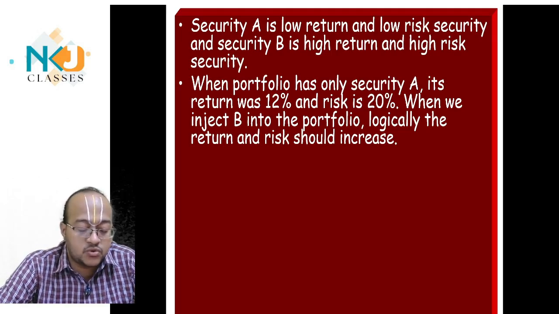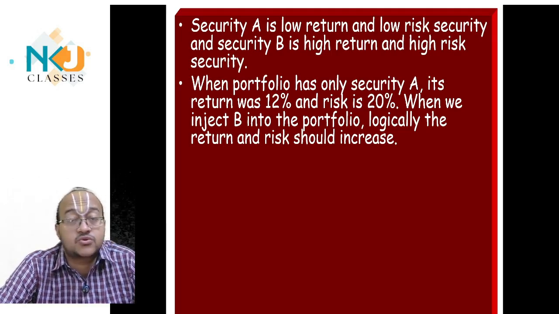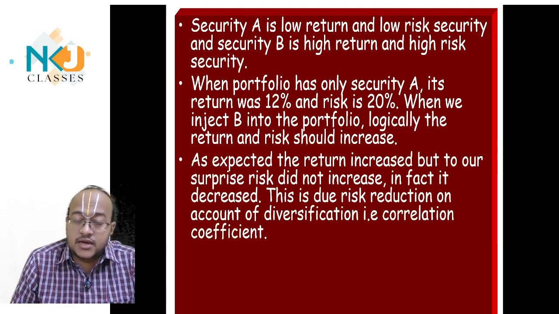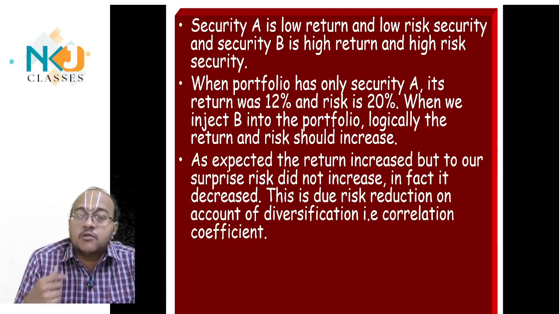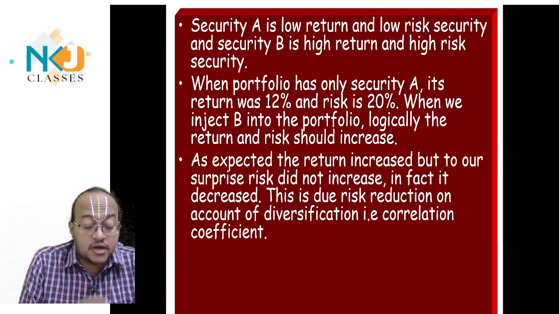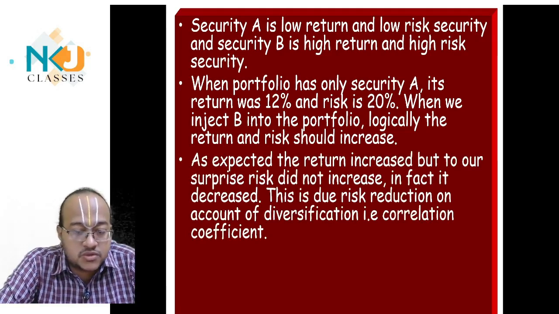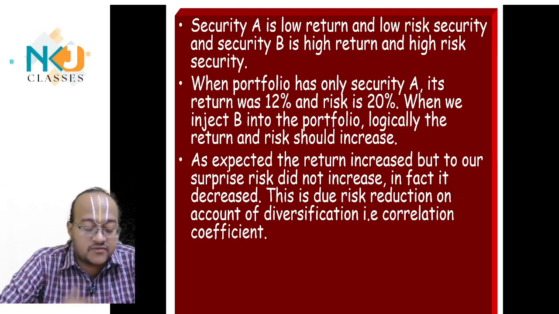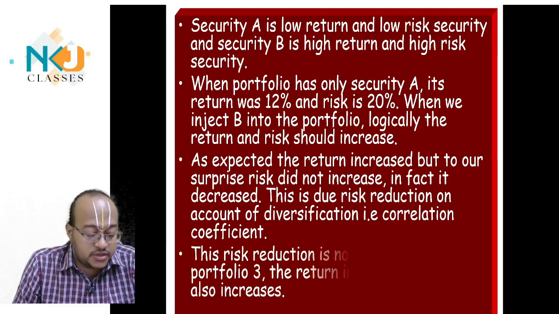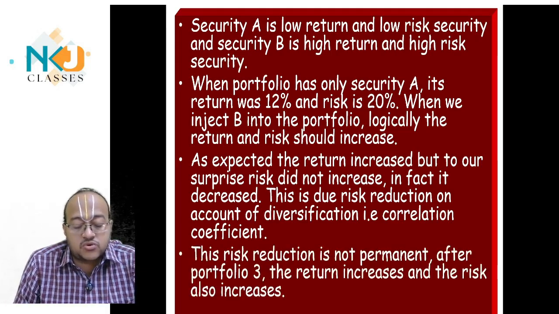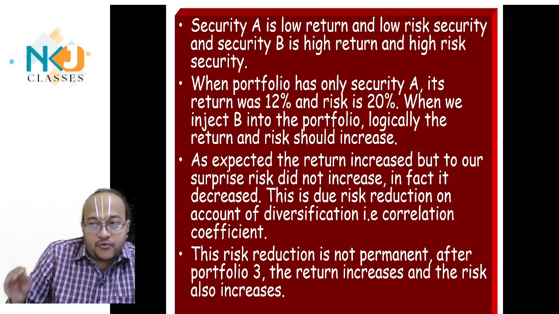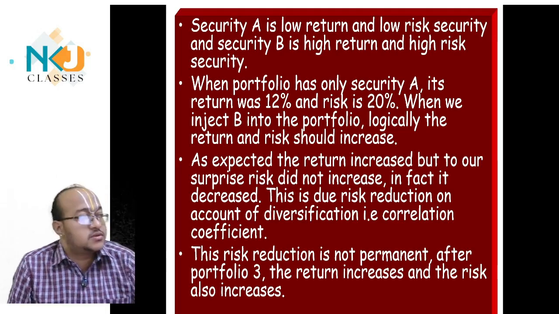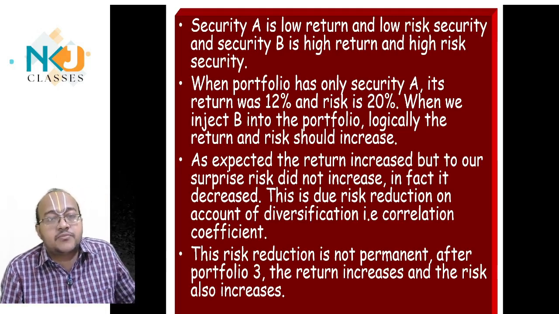When we inject B into the portfolio, logically the return and risk should increase, but to our surprise, the return has increased, as expected, but the risk has reduced from 20% to 17.64% or something. This is due to risk reduction on account of diversification or correlation coefficient. The risk reduction is also not permanent. After portfolio 3, the return increases and risk also increases. These are all the observations we made from the first table.